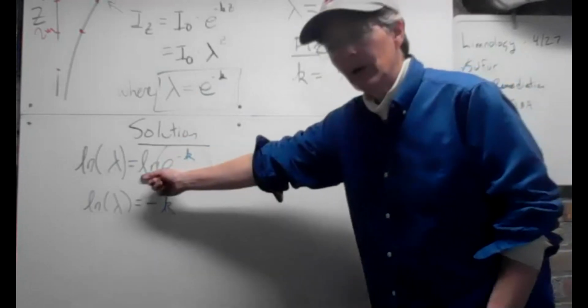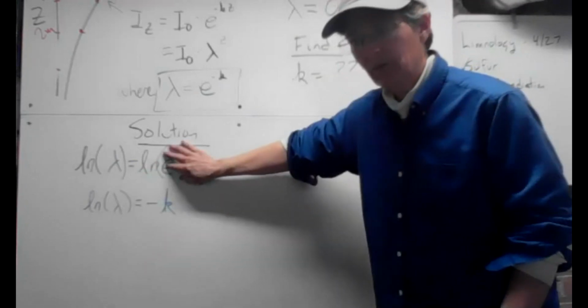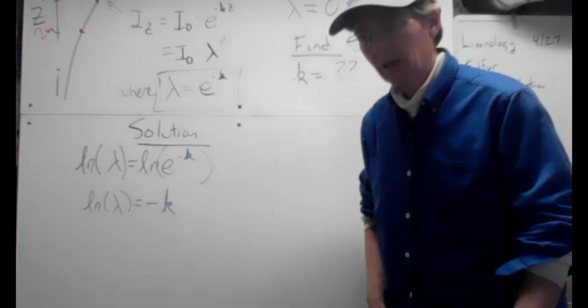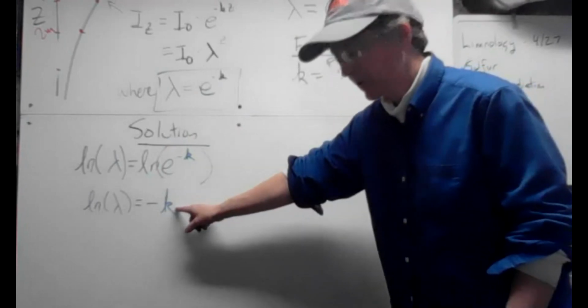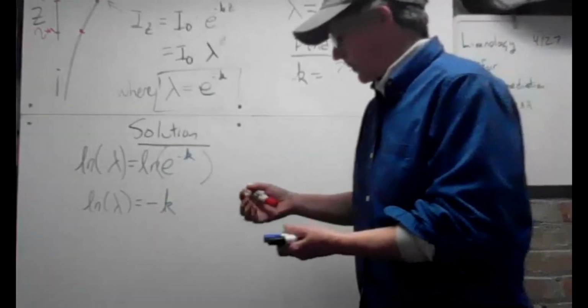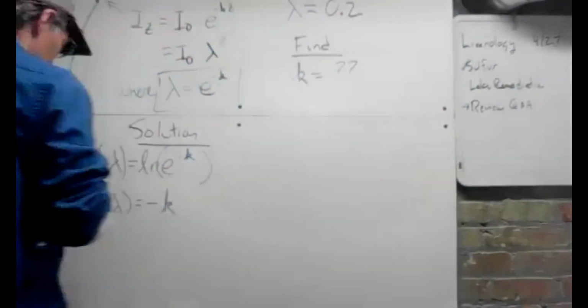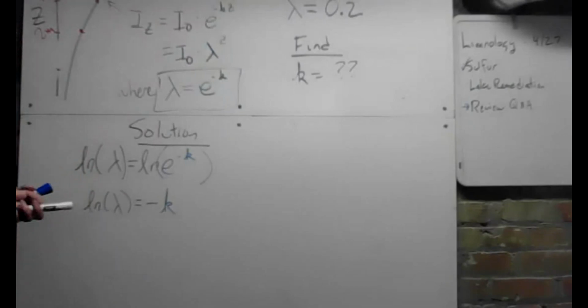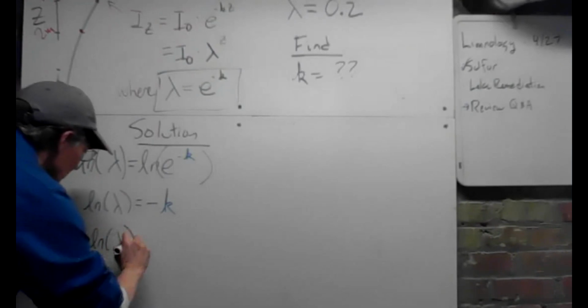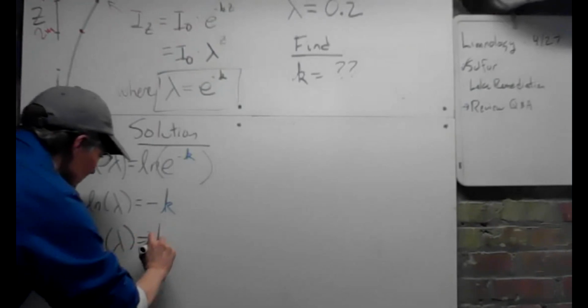Well, I raise e to the power of negative k. So that's the answer. Now this is a negative, so I'm going to multiply both sides by -1, and I will get negative natural logarithm of lambda equals k.